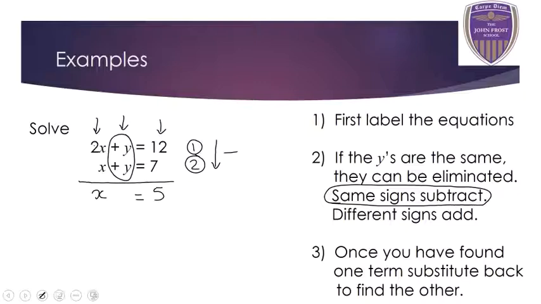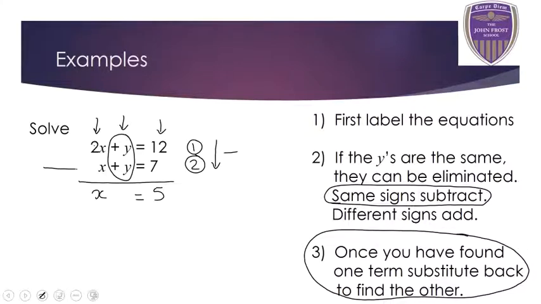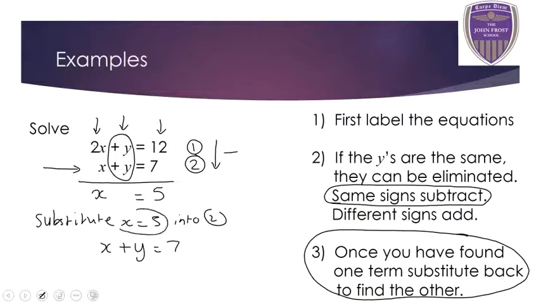Now that we have found x, we can use point number 3, which is to substitute x equals 5 back into one of the two equations you started with, and then we can find y. I am going to choose equation number 2 and substitute x equals 5 into it. Equation 2 looks like this: x + y = 7.